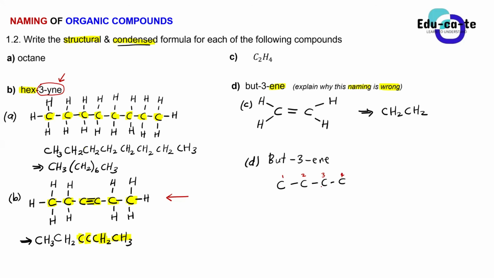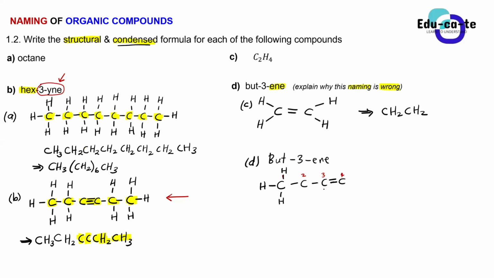If we put the double bond on carbon 3, it means that it will be here. This is the double bond, it's on carbon 3. Do you see? It is here. And then we fill the other carbons with the hydrogen. We just followed the name exactly as it is. We just wrote the structural formula based on the name that we were given.